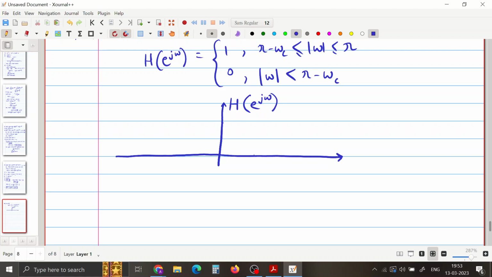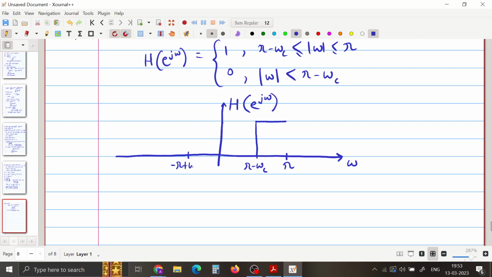Basically, this is pi minus omega c to pi. This is 1 in this interval, and this is omega by the way, and similarly on the negative side also.